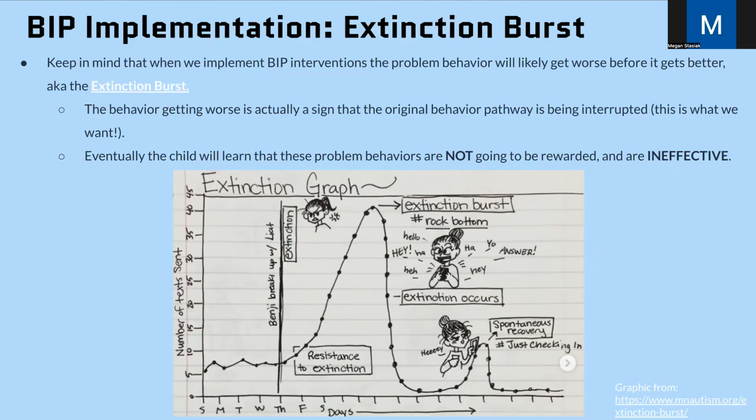For example, if a student is more likely to have outbursts during certain activities, and we know that we're introducing that activity on a certain day during this initial phase, maybe we have an extra EA in the room, or we make sure the teacher has some sort of way to quickly call for help should they need it. It really just depends on your student and their situation.